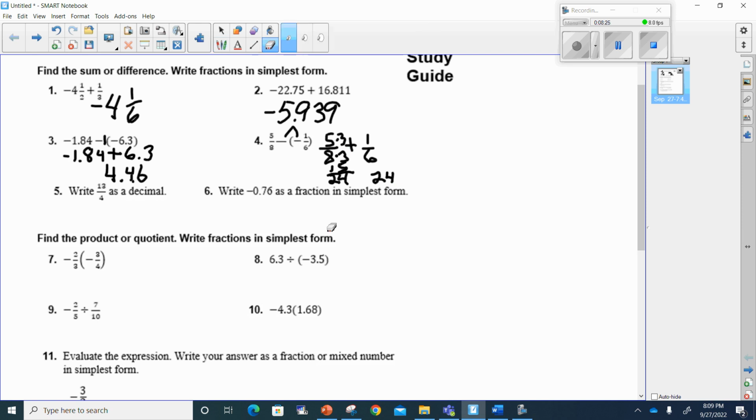I can see this is getting kind of messy over here. I'm going to move this. 15 over 24. I'm going to have to multiply this by 4 over 4. 1 times 4 is 4. 6 times 4 is 24.